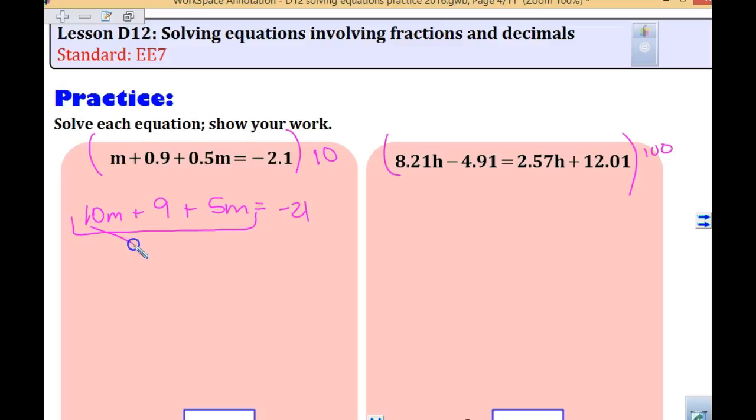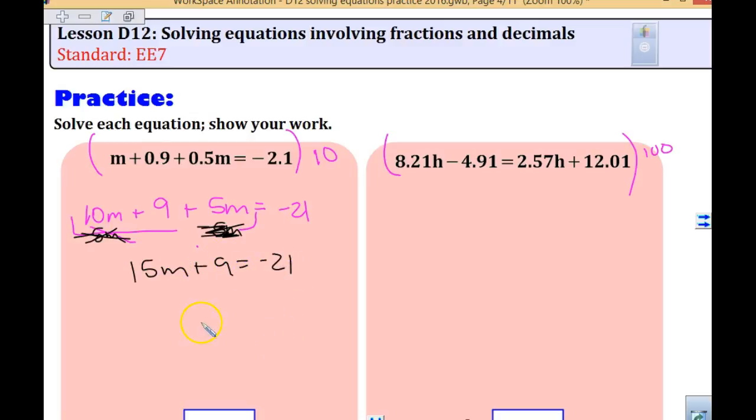Instead of adding these two like terms together, I will see people do this, and I just want to shudder. And some of you are the people doing this. You've just put minus 5m and minus 5m. You can't do that. They're on the same side of the equal sign. You're adding 10 and 5, and this is 15m plus 9 equals negative 21.